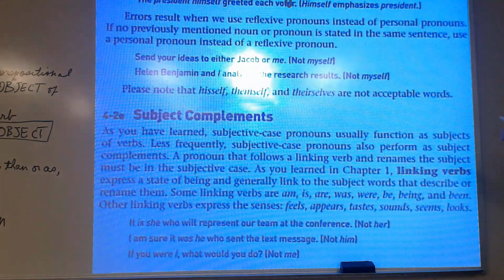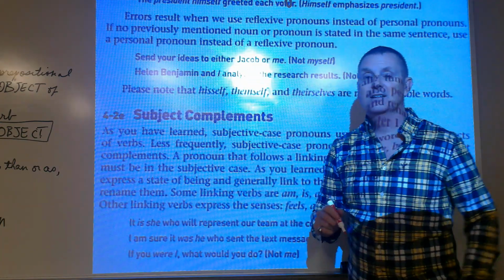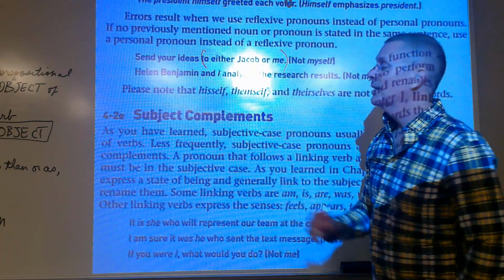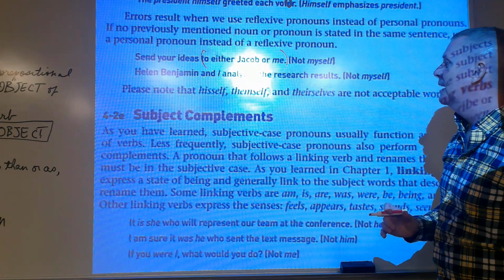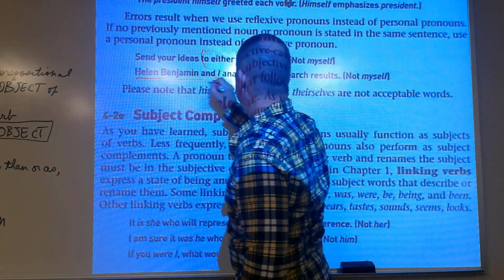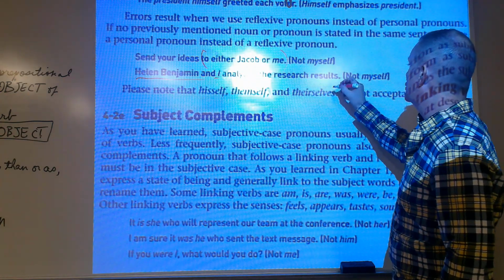Avoid the use of it. Don't say send your ideas to either Jacob or myself. Since that's part of a prepositional phrase, an objective case pronoun must be used: me, us, you, him, her, it, them. Helen, Benjamin, and I, both of those are subjects, by the way, so we use a subjective case pronoun. Analyze the research results.